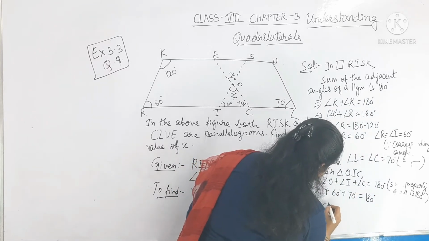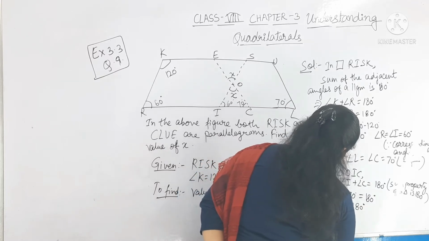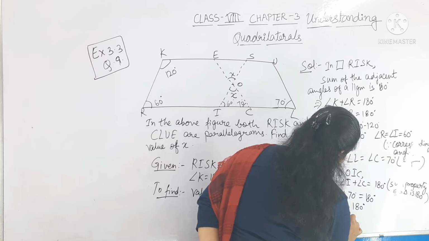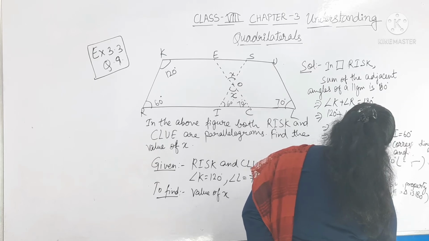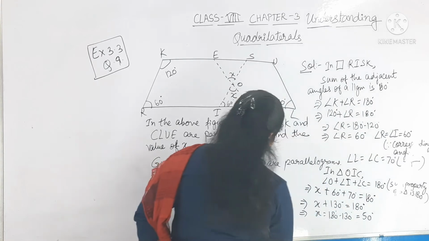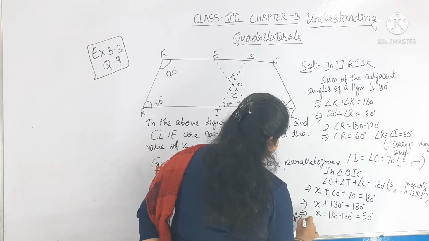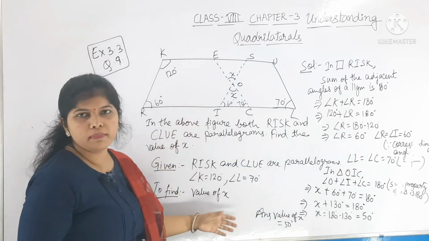So I am getting X plus 130 degree equal to 180 degree. X equal to 180 minus 130, that is equal to 50 degree. So the answer is the value of X equal to 50 degree. So this is the solution for question number 9.